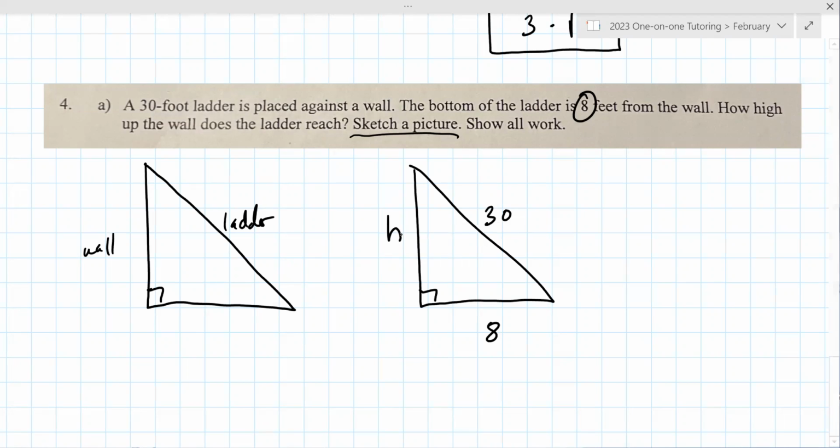Do you recall how to solve for one side of a triangle? What do you use to solve for one side of the triangle?